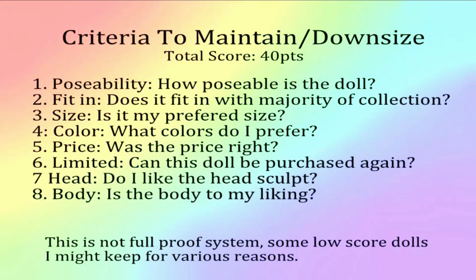So in general though, when I did the posability, I did it as they were and notated whether or not they were swayed. And then later on, if I do re-sway or restring a doll, I might change that point. So there's a total score of 40 points. Each of these criteria, 1 through 8, are going to be 5 points each.